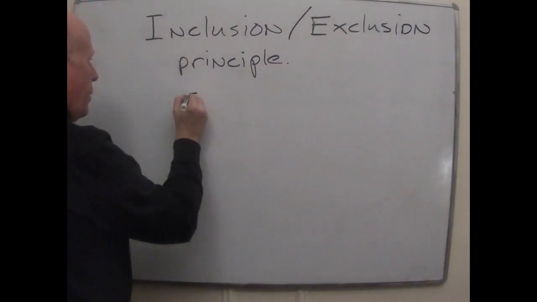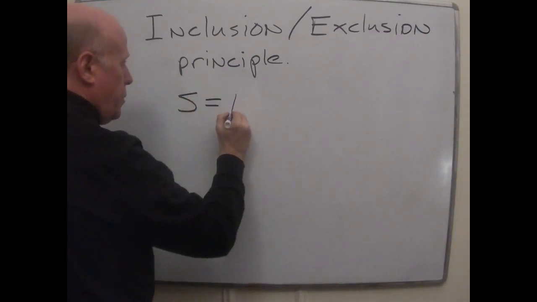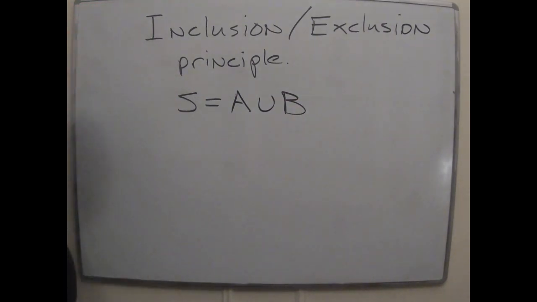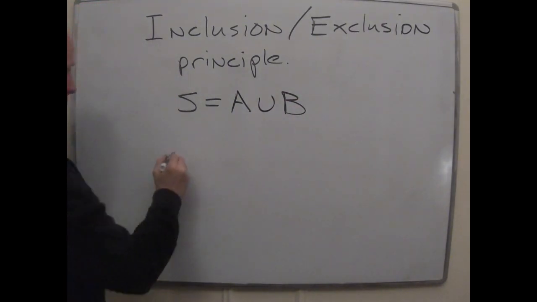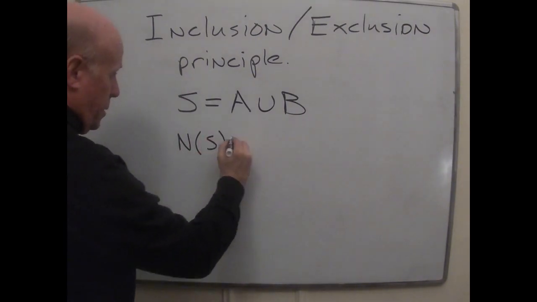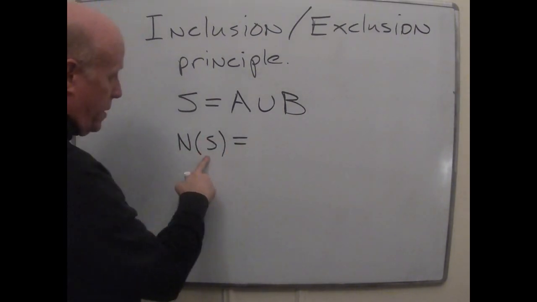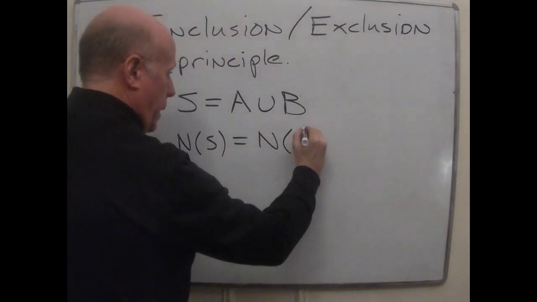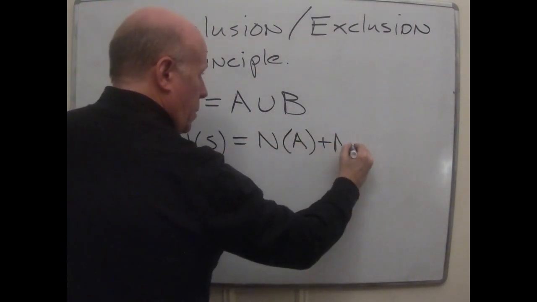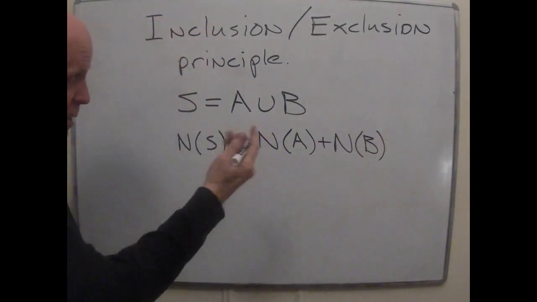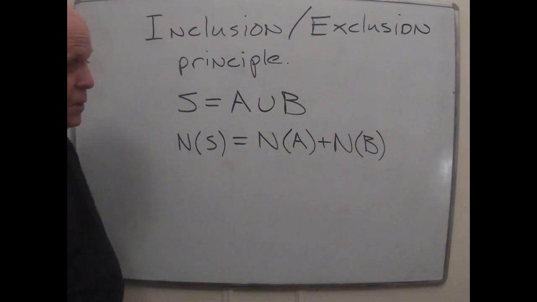So suppose you have S equal to the union of two things, A union B. Then what a lot of people think is true is that to find the number of things in S, you would just take the number of things in A and add it to the number of things in B. But that's wrong. That would be the addition rule, and that requires A and B to be disjoint.